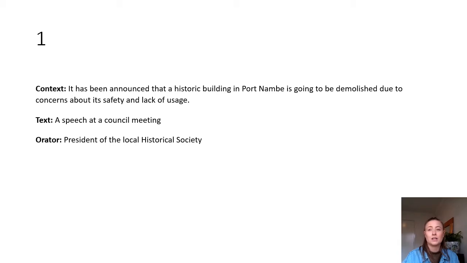And those residents, just like the members of the council, are probably likely to be coming into the meeting with differing views. Some probably think, okay, it's time we get rid of this building to make the community safer, and some are probably thinking, well, this building's really an integral part of the historical significance of this town.